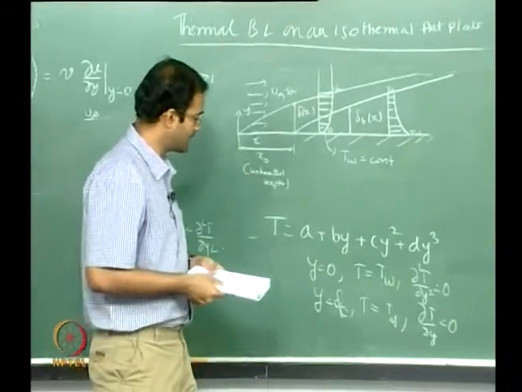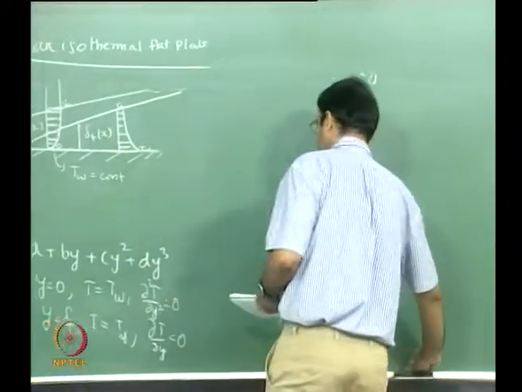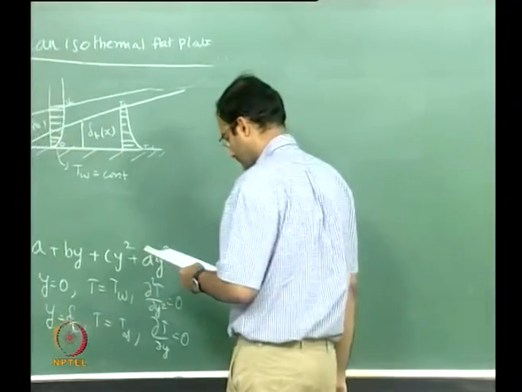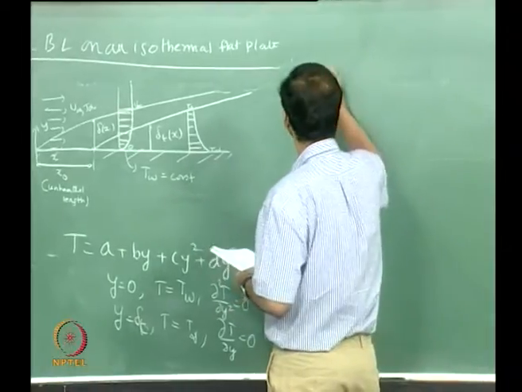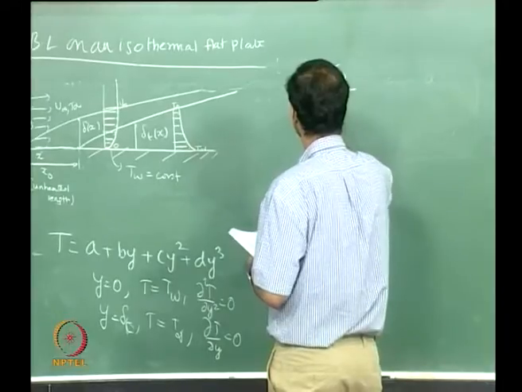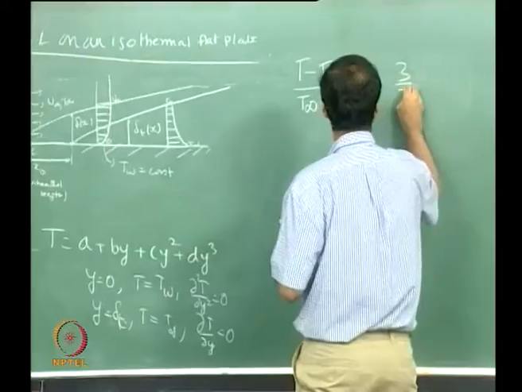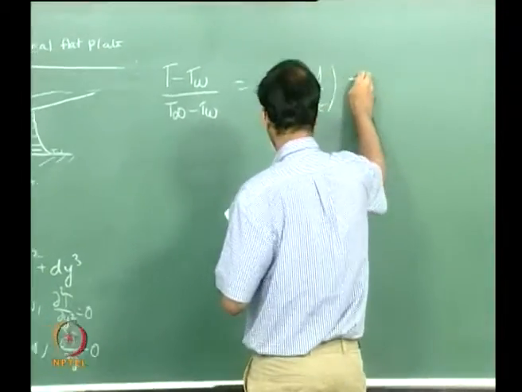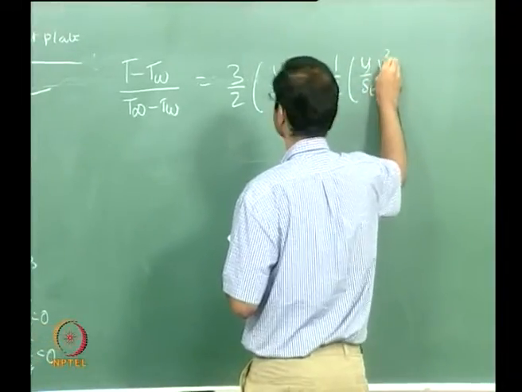So you have 4 most important boundary conditions, and if you substitute them into the profile, you should get a profile: T minus T wall by T infinity minus T wall equals 3 by 2 y by delta T minus half y by delta T, the whole cubed.